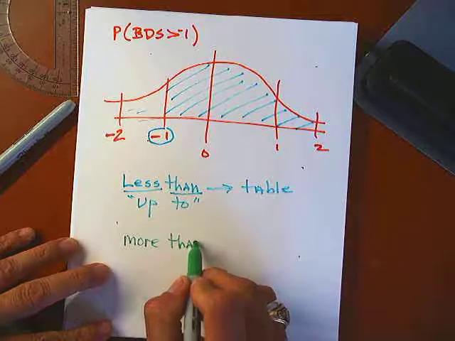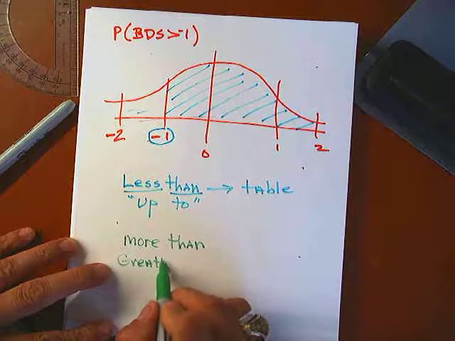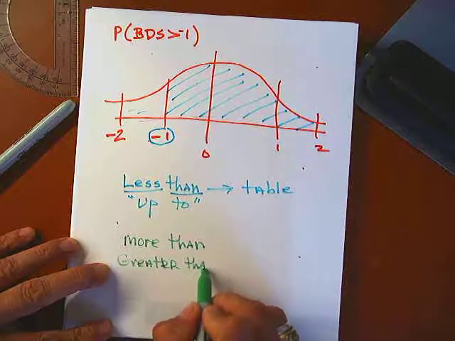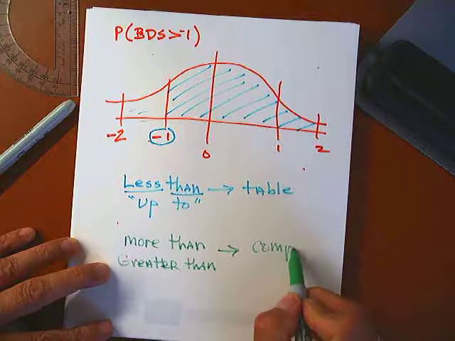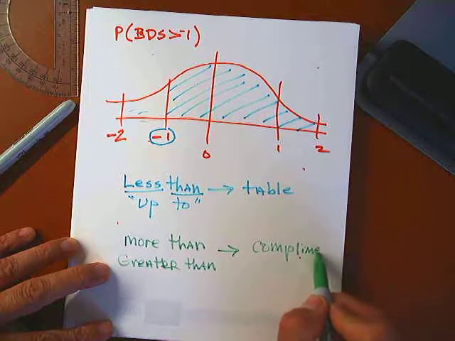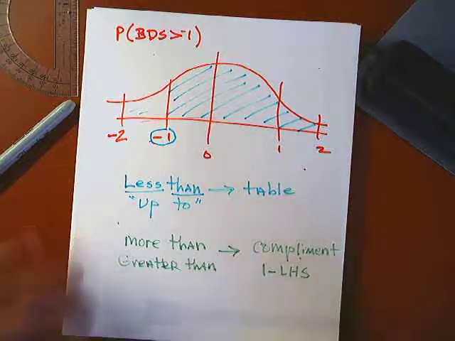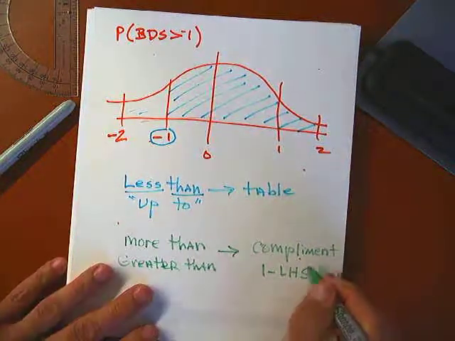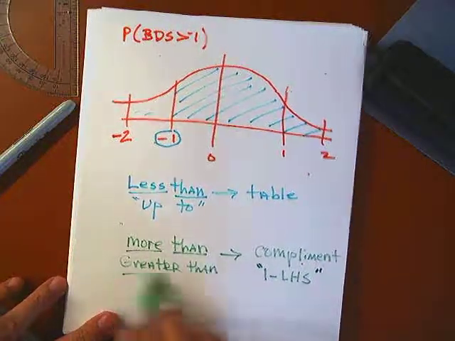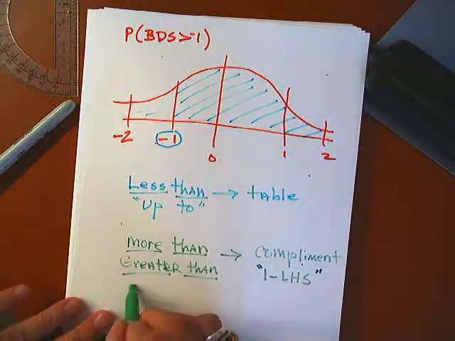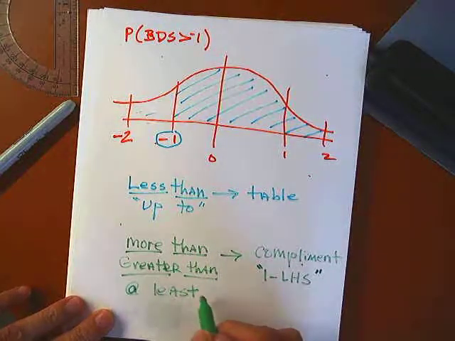So when you see the words less than or up to -1, that means everything to the left, and the table will give you that answer. But if you want to find the right hand side, which means more than or greater than, when you see those words, you've got to do the complement.